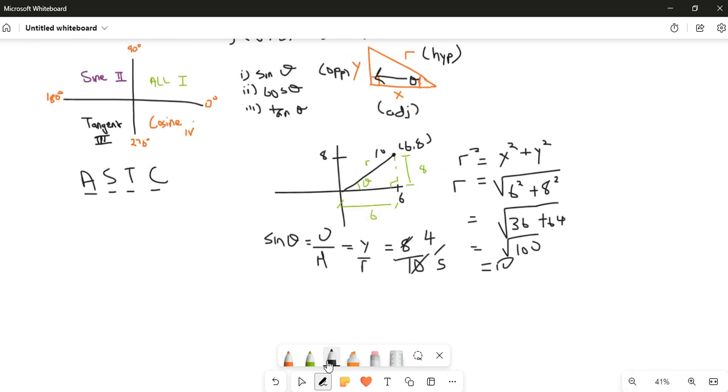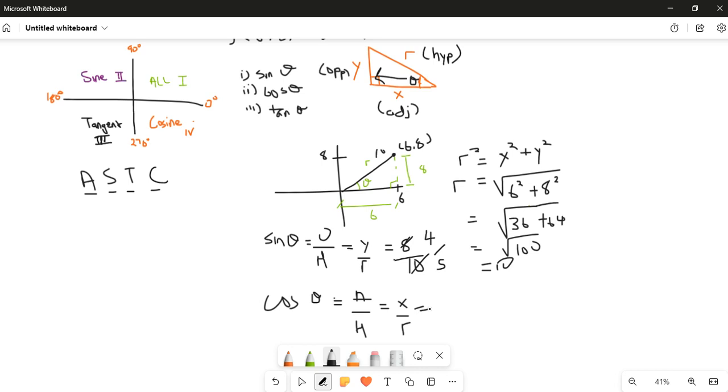All right, now let's tabulate cos theta. Remember, we are in the first quadrant, so sine, cosine, and tangent are all positive. Cosine is adjacent over hypotenuse. We refer to our triangle. Adjacent is x, and our hypotenuse is r.